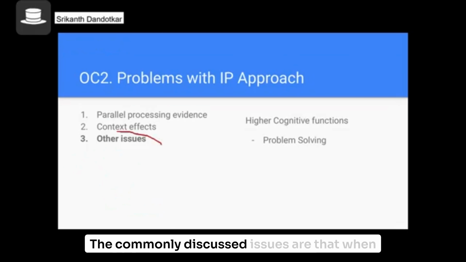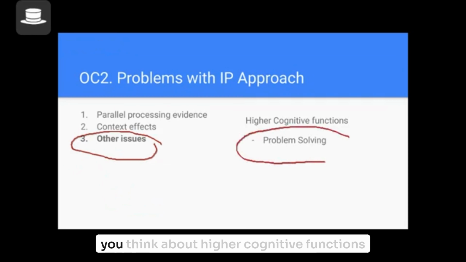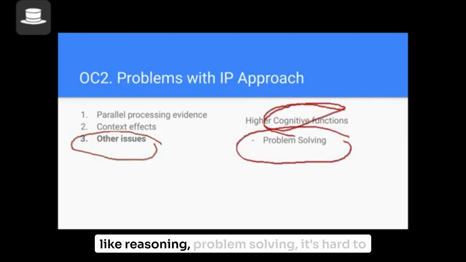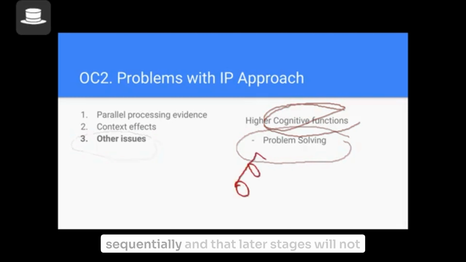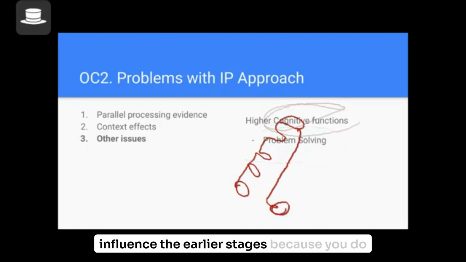The commonly discussed issues are that when you think about higher cognitive functions like reasoning and problem solving, it is hard to explain them by assuming that you process information sequentially and that later stages would not influence the earlier stages. Because you do multiple things at the same time.